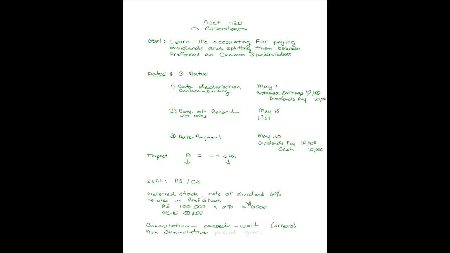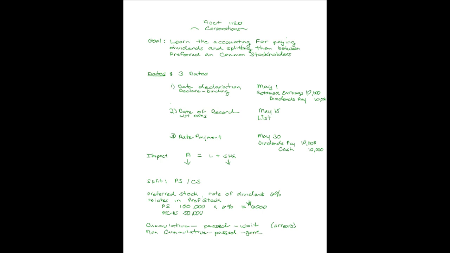If the stock is non-cumulative and it's passed, you can wait indefinitely. You're never going to get it. It's just passed. You'll never have that dividend. It's gone. So if you're a preferred stockholder, you like the cumulative feature.